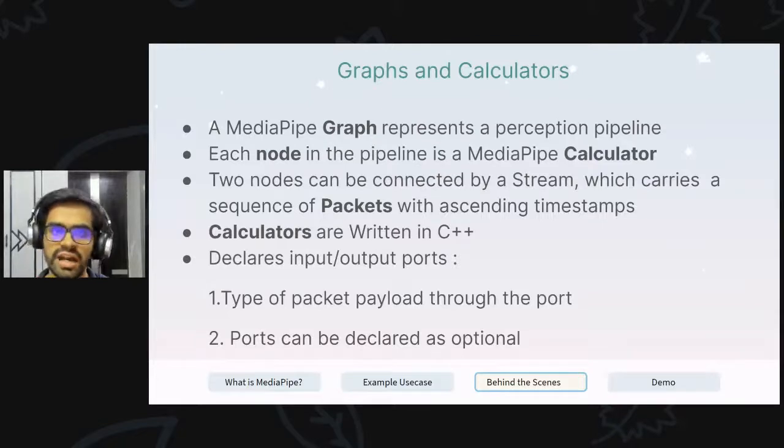Whenever some kind of data enters the graph, it travels along the edges to the different nodes, which are the calculators, and we get our derived solution, and that is the final solution. The data that is being sent is called a packet, and a stream consists of different packets that contain the information, and that is what goes into the calculators.